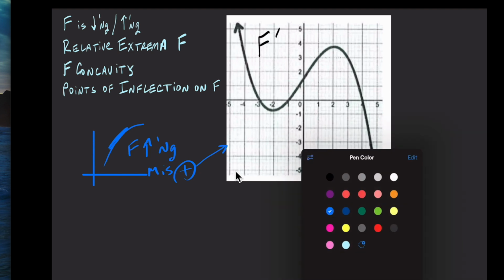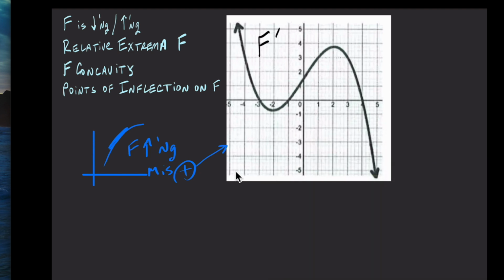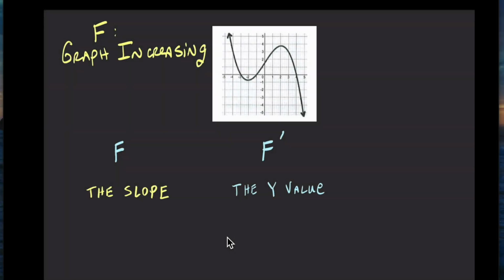So where is f prime positive? Where are its y values positive? It's going to be from negative infinity to x equals -3. It's going to be from x equals -1 to x equals 4. These are all positive values of f prime. They're all above the x-axis.